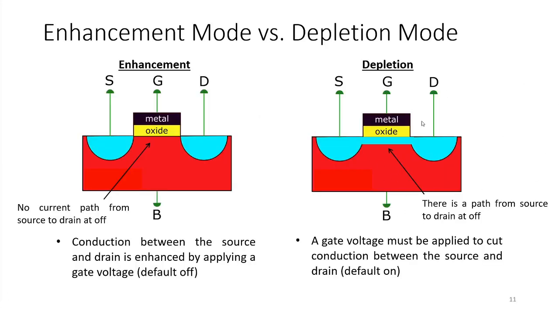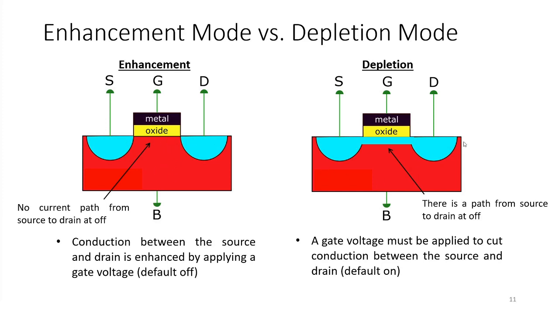So now there are two types of MOSFETs: the enhancement mode and the depletion mode. For an enhancement mode MOSFET, the conduction between the source and drain is enhanced by applying a gate voltage. This means that if the gate is 0 or grounded, there will be no current path between source and drain, shown here.